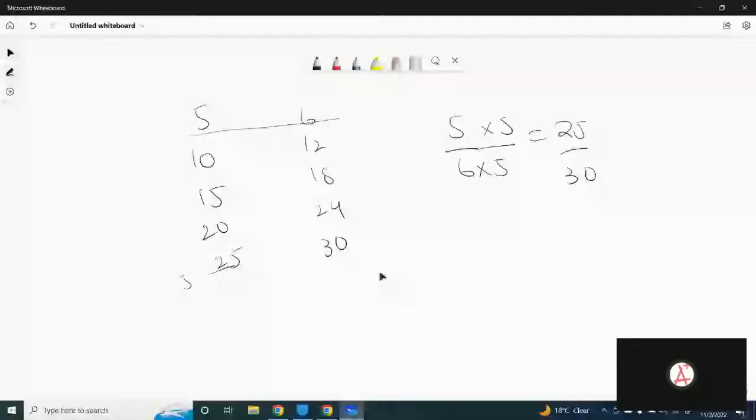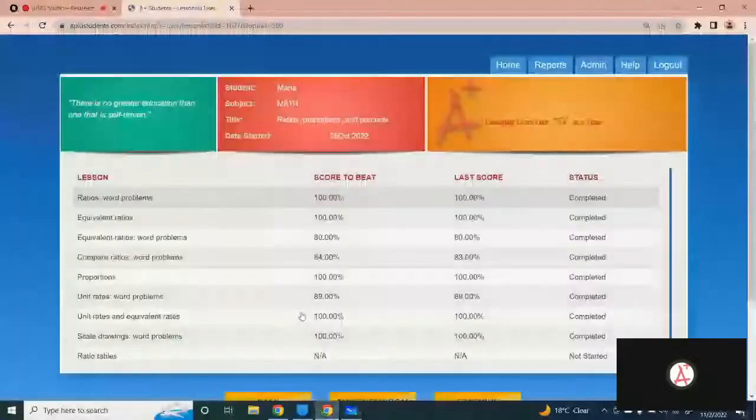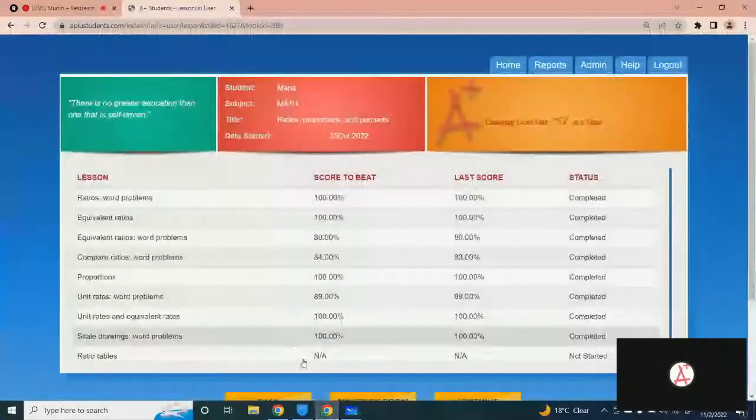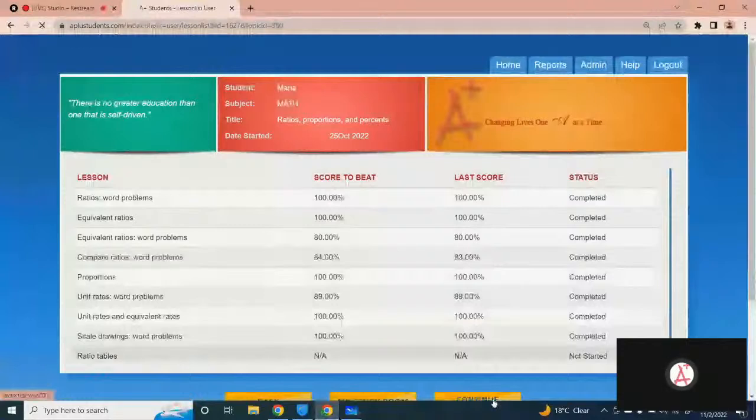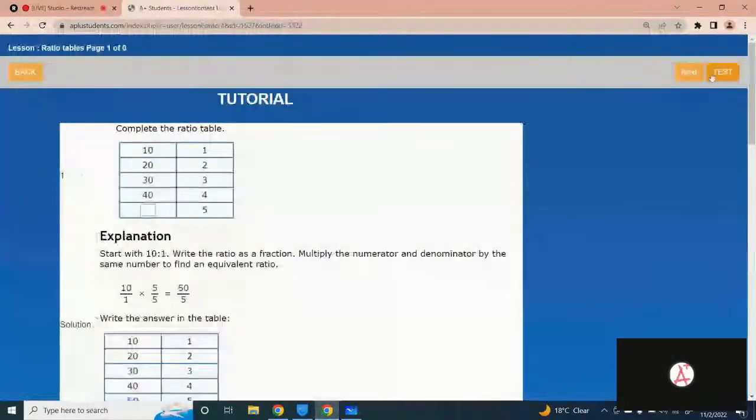Okay, let's start with the test of the topic. The topic is ratio tables, and let's start with the test.